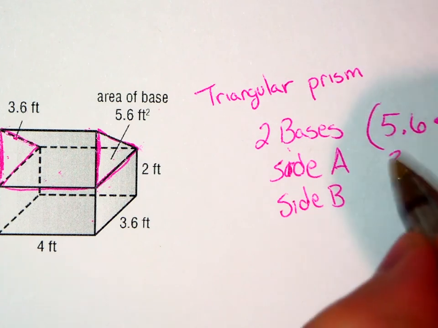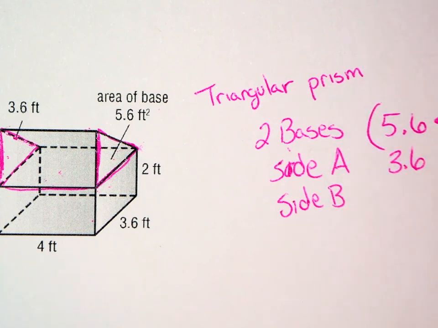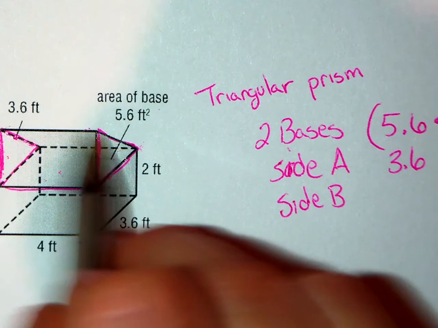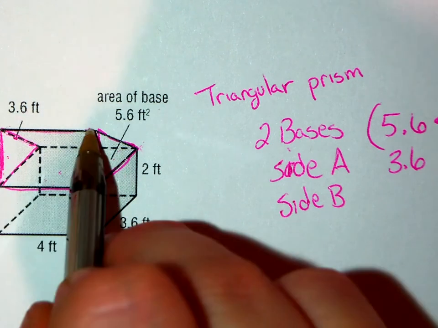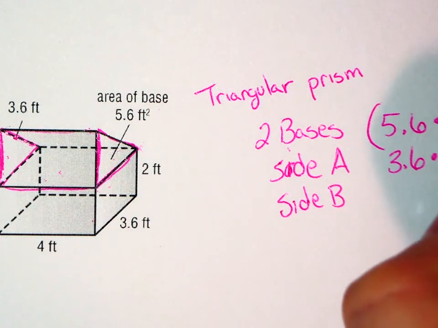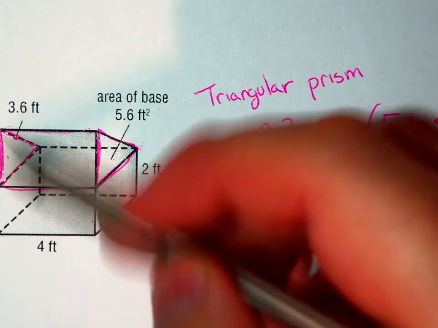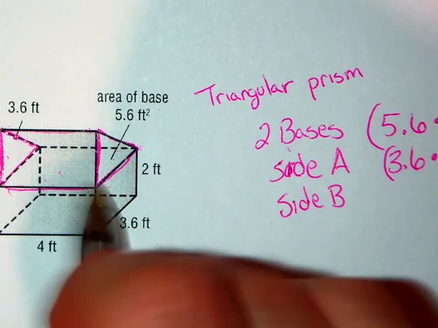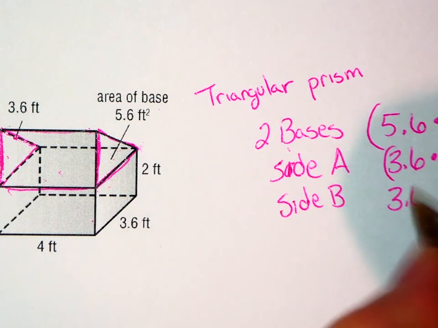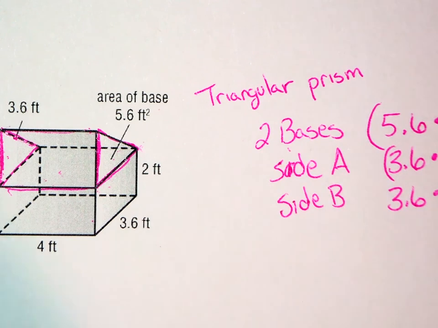Side A is 3.6 feet times the length of this rectangle, 4 feet. And side B is also 3.6 feet times 4 feet. So 3.6 times 4, that equals 14.4. So this one would also equal 14.4.